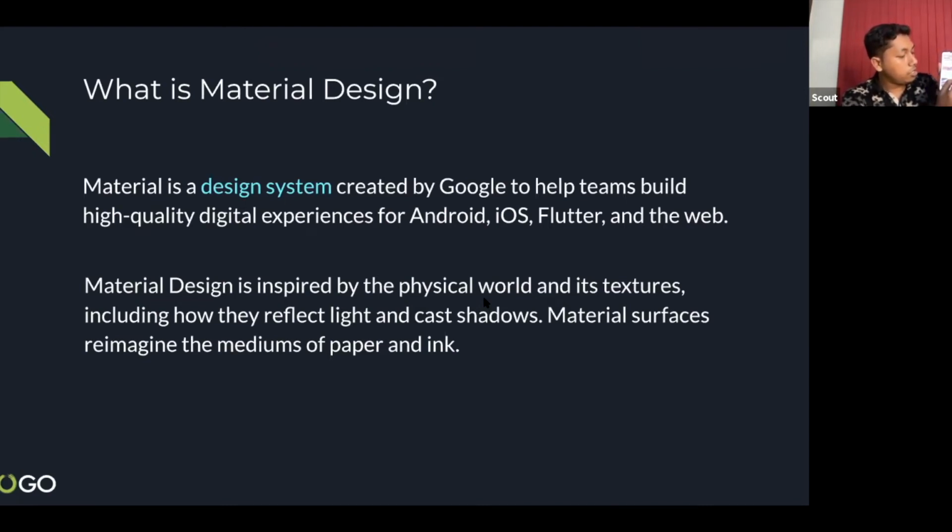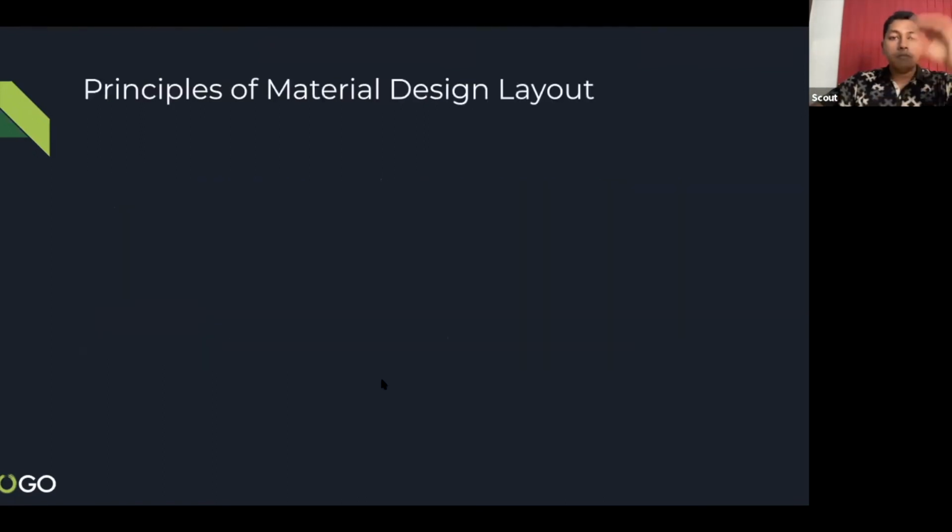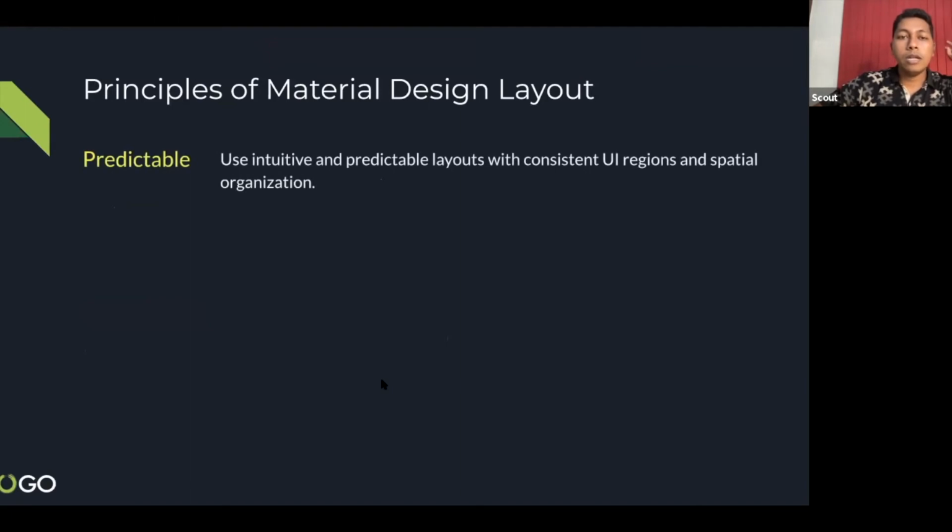Then there are some interaction options. This is the kind of idea or design system Google came up with. There should be some interactions that people can do, and those interaction elements should be clearly visible or clearly accessible to the user. This is what material design is all about.